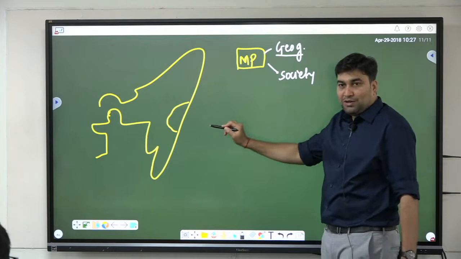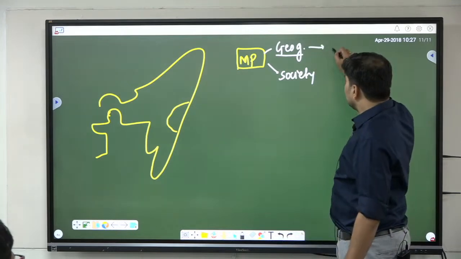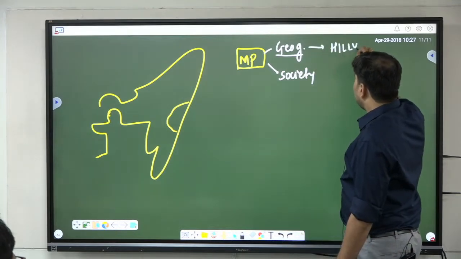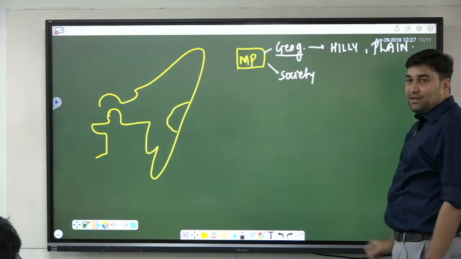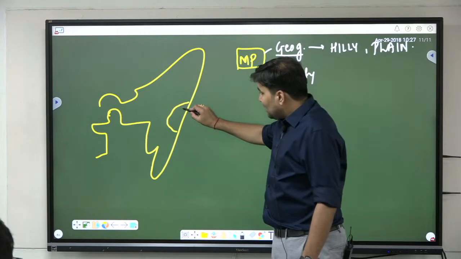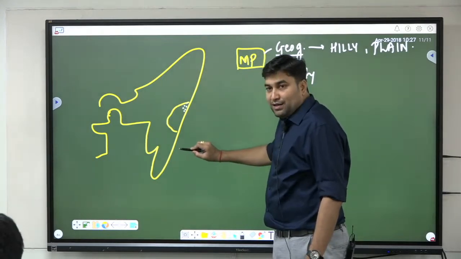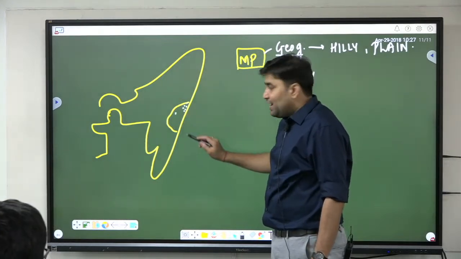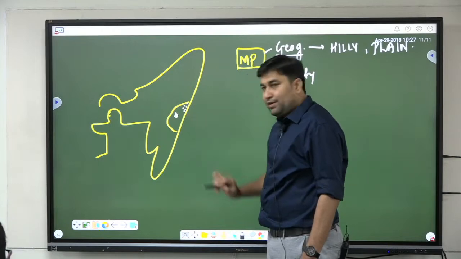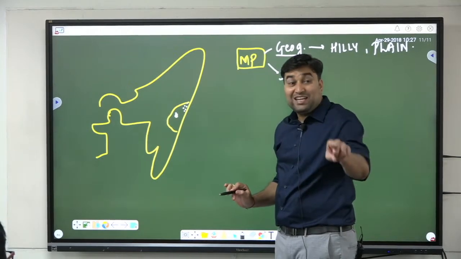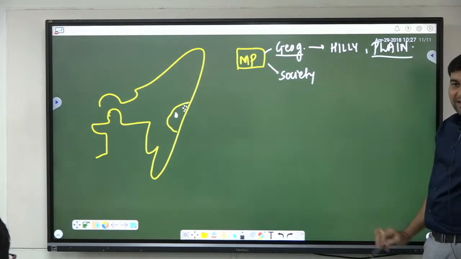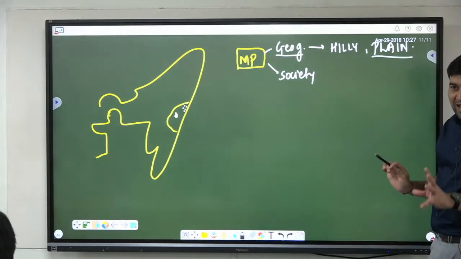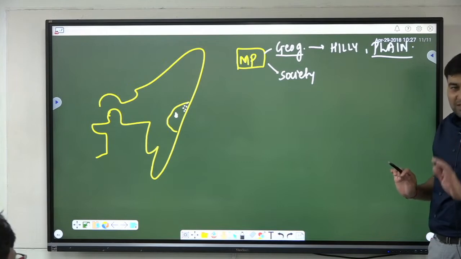In Manipur, there is hilly area and there is plain area. The hilly area is here. Here you have Imphal, which is a valley, meaning the whole plain area. The rest is hill area. This is the geography, and there are dense forests in this area.